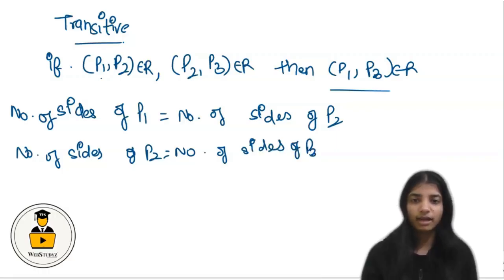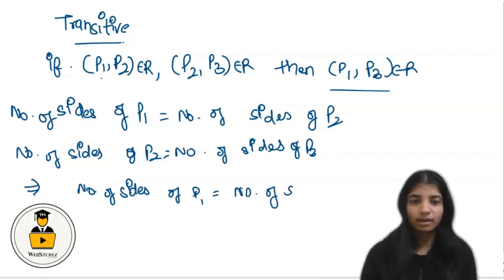If P1 has 4 sides and the number of sides of P1 is equal to the number of sides of P2, that means P2 also has 4 sides. Now the second condition is that the number of sides of P2 is equal to the number of sides of P3, which means P2 has 4 sides, so P3 must have 4 sides. Then we can say that the number of sides of P1 is also equal to the number of sides of P3.